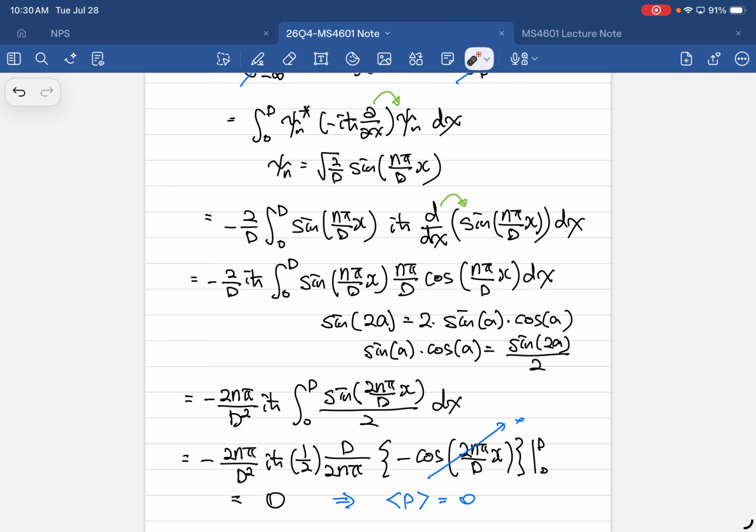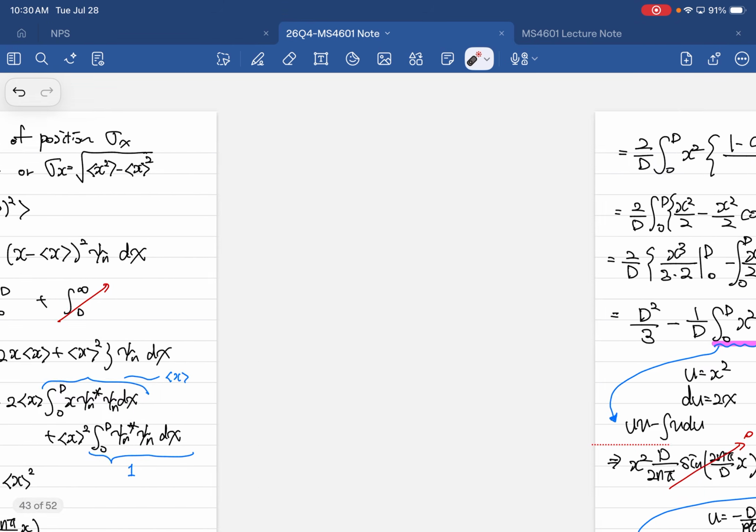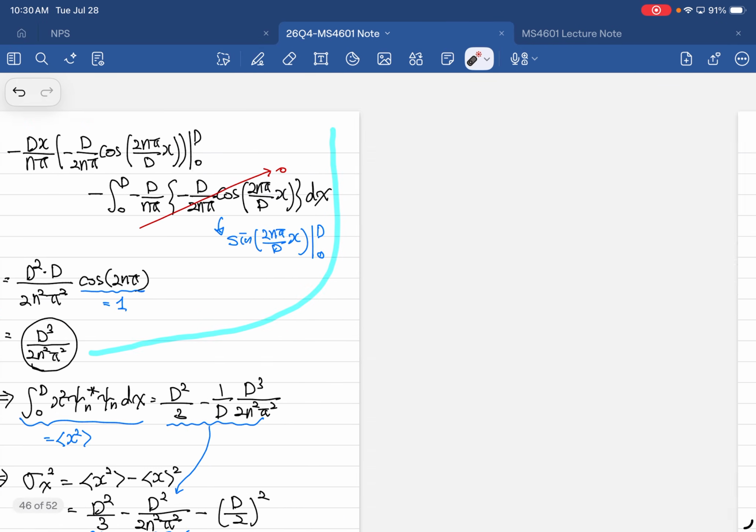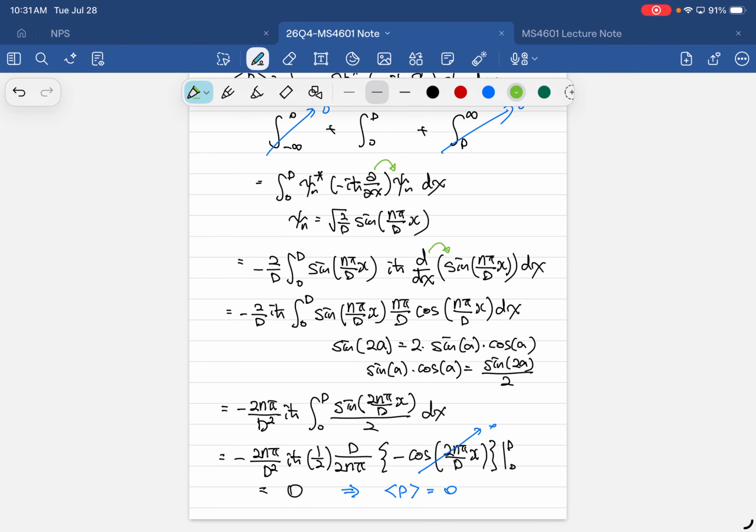So for example, I'm asking too late, but think about the particle sitting in a well. Look at this one. If you think about what the average velocity is for this particle, would you have guessed it to be 0?